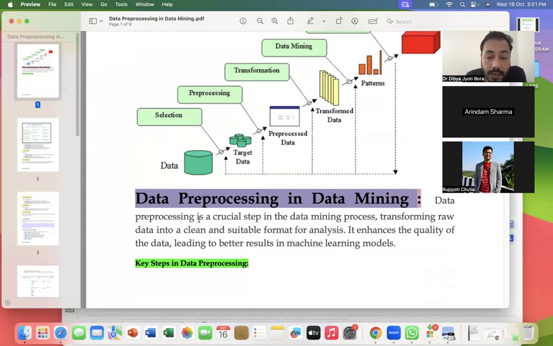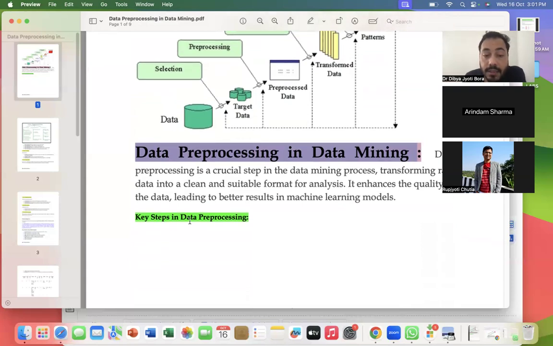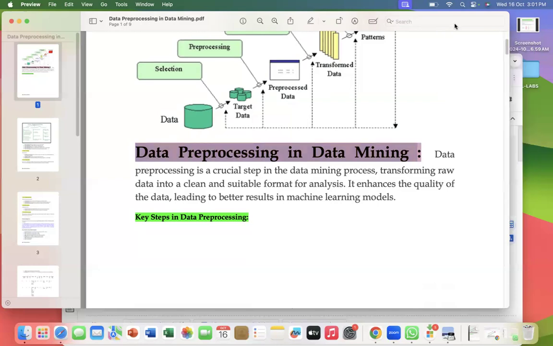That's why I'm saying here that data pre-processing is a crucial step in the data mining process. Okay. Now, what we are doing here, we are transforming the raw data into a clean and suitable format for analysis. By the term analysis, we mean what we are going to do in the next stage. Okay, it enhances the quality of the data, leading to better results in the machine learning process.